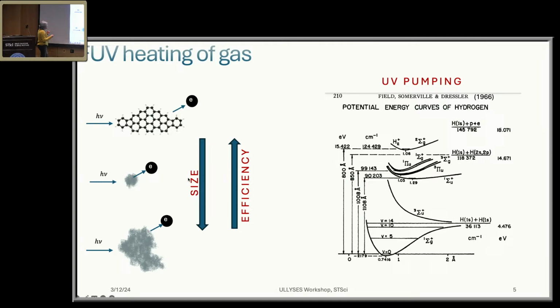But in general, this process is more efficient for small grains, because you have to overcome a work function, and this is a balance between ionization and recombination, and these processes depend on the area. So it turns out that it's easier to knock the electron off the smallest thing. So with small grains you're more efficient in heating. That's the primary mechanism by which FUV photons heat most of the disk gas.